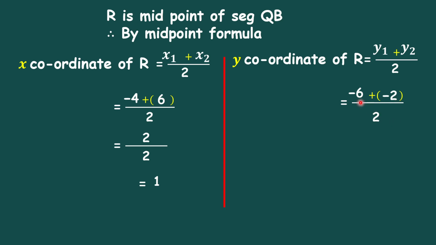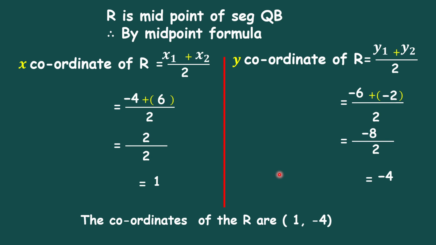We know that if the two numbers have same sign, then we take addition. 6 plus 2 is negative 8 upon 2. Dividing by 2 we will get the y coordinate of point R is negative 4. Therefore the coordinate of the point R are 1 comma negative 4.